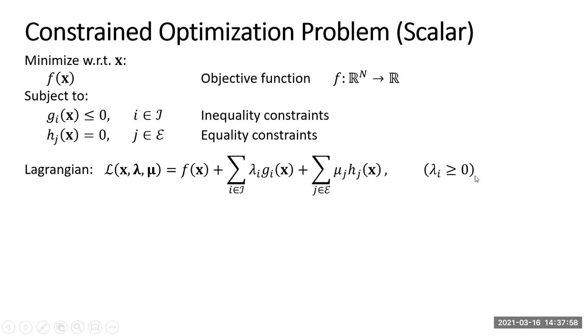But this is the general convention that we will be following in this course. All inequality constraints will be expressed in this form: gi of x is less than or equal to 0, and likewise there will be positive signs here, and the Lagrange multipliers corresponding to these inequality constraints have to be greater than or equal to 0.